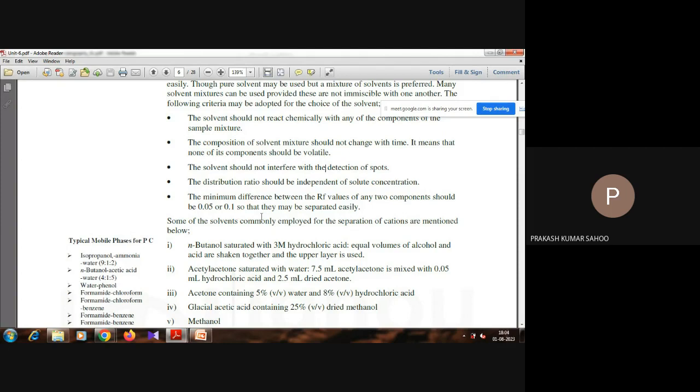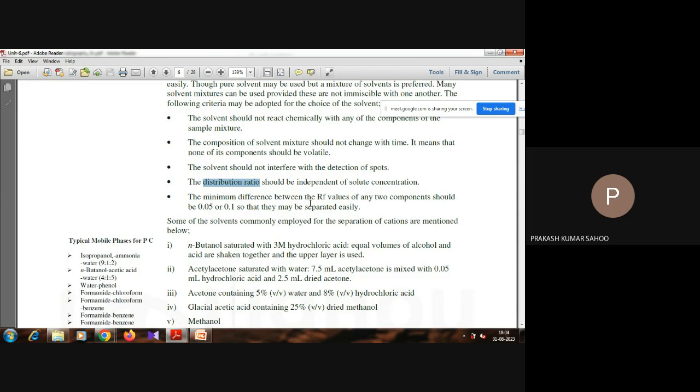The distribution ratio should be independent of solute concentration. The distribution ratio is related to the retention factor, or retardation factor, that is Rf. The minimum difference between the Rf values of any two components should be 0.05 or 0.1, so that they may be separated easily.